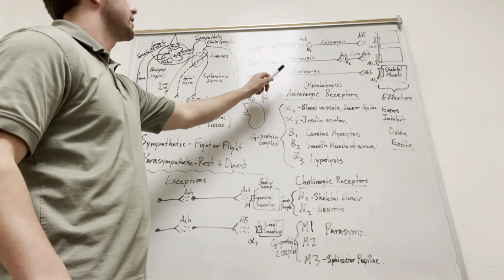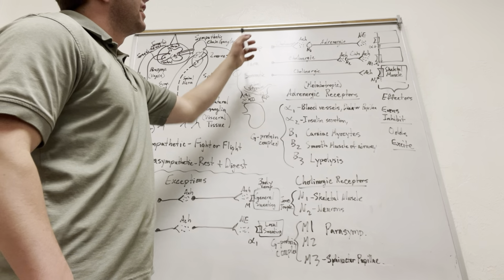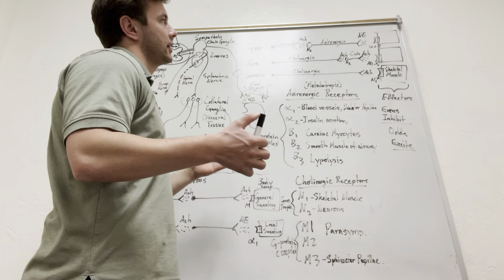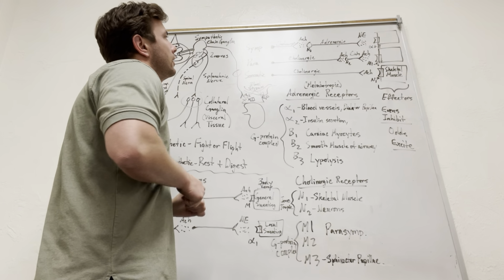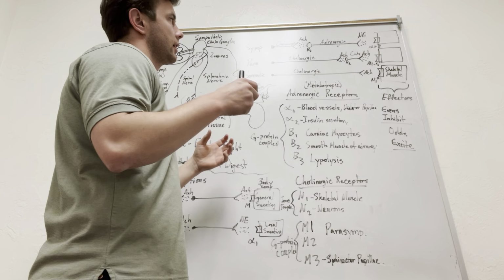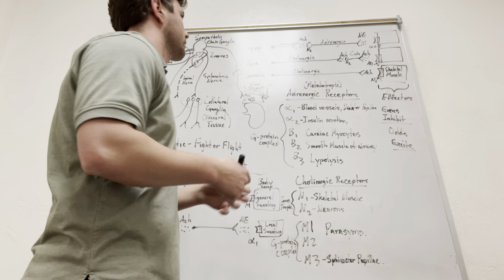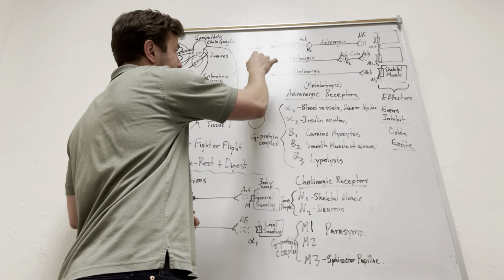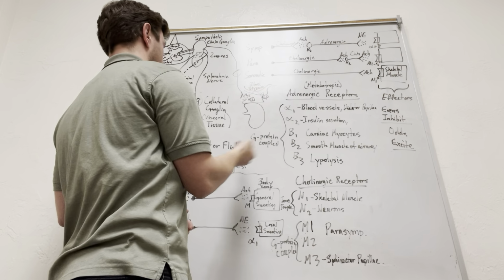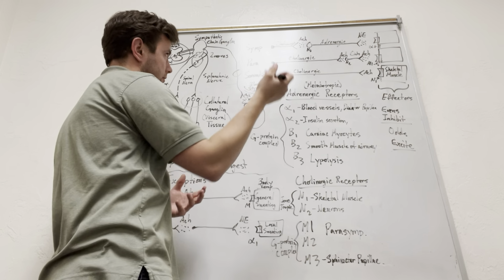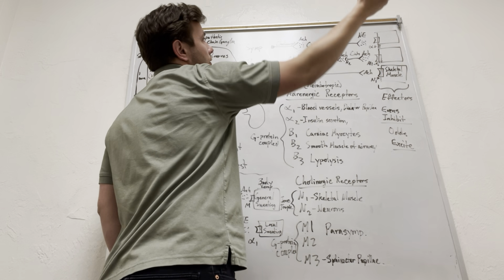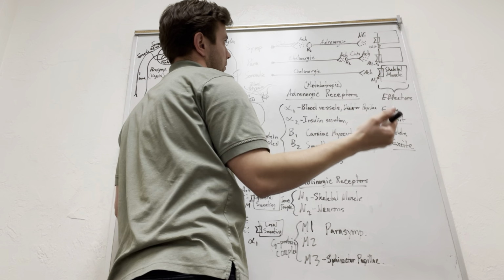So let's jump over here and discuss what kind of neurons we're dealing with and what neurotransmitters we come up with. So in the sympathetic nervous system, our fight or flight nervous system, essentially, we have a cholinergic neuron, which will release acetylcholine, which is our neurotransmitter.